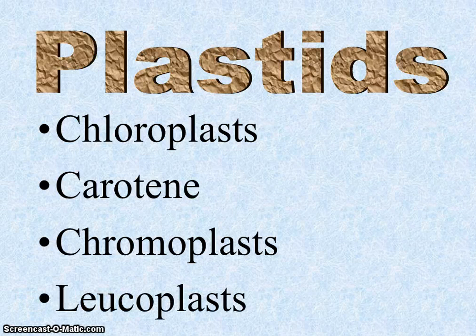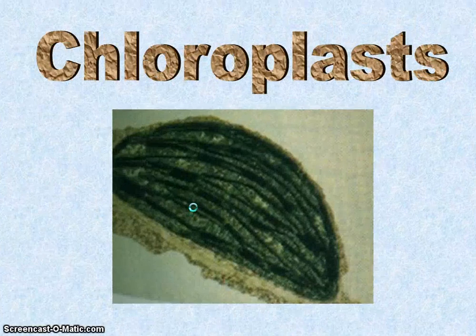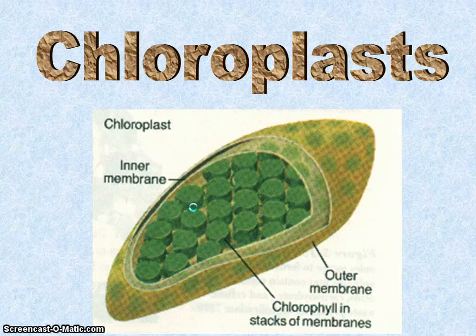Leucoplasts are clear, they're colorless, and that is where we're making the actual starch. And again, plastids are only found in plant cells, not in animal cells. And this is just showing you a green chloroplast. And we'll talk a little bit more about this structure when we talk about photosynthesis.